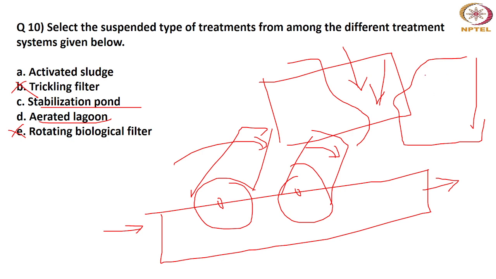That is the trickling filter, and that is an attached growth system, not suspended. And this is also an attached growth system, a modified version of the trickling filter. So A, B, and C, D are the correct ones.